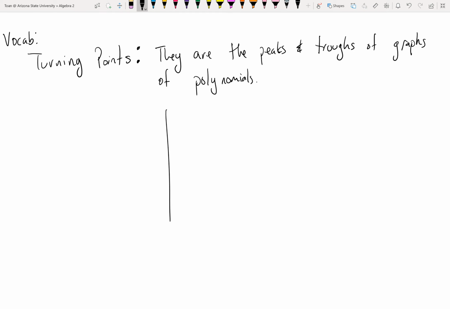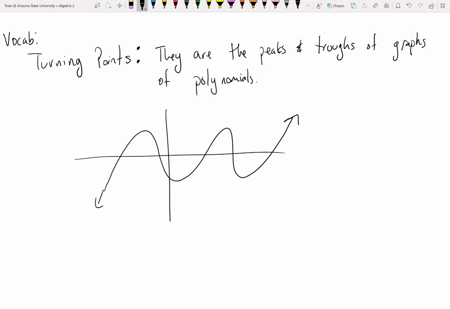So if I just drew a random squiggle polynomial function here, say something like that, these guys here are the peaks, these guys here are the troughs, right? The maxes and mins, the ups and downs, tops and bottoms.